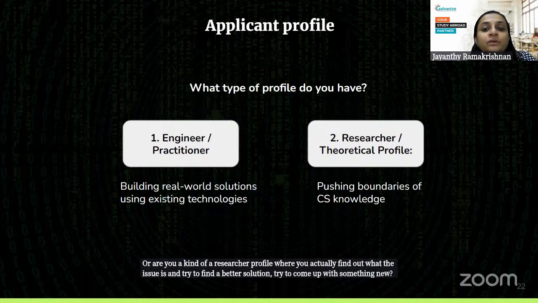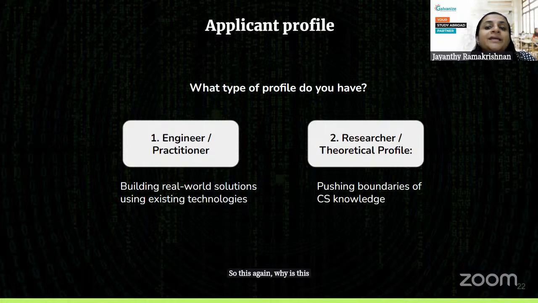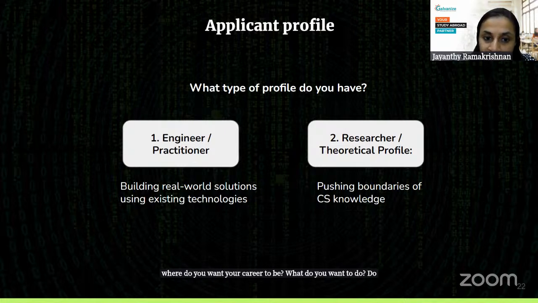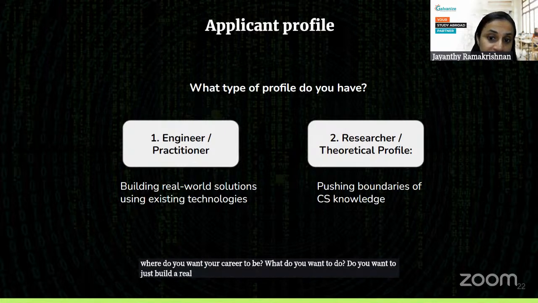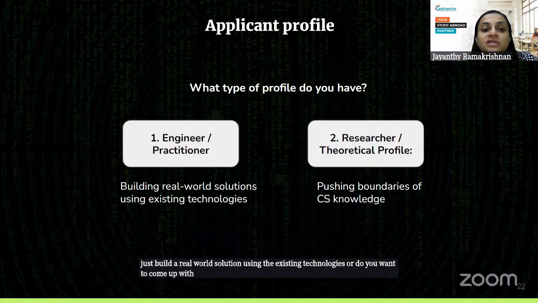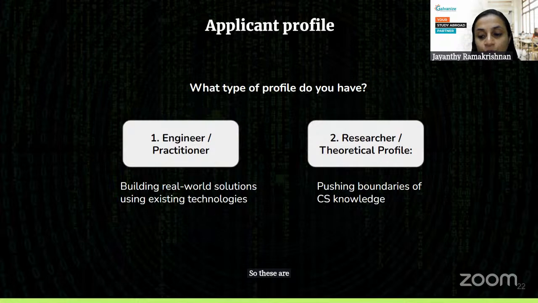So again, why is this important? Because this again helps you determine your long-term goal. Where do you want your career to be? What do you want to do? Do you want to just build a real world solution using the existing technologies, or do you want to come up with new technologies? So these are the kind of questions that you need to answer.